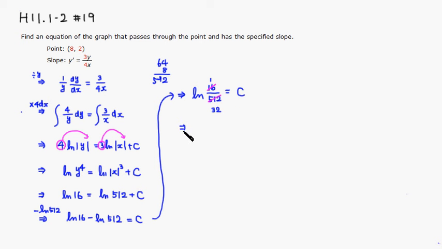So therefore c is natural log of 1 over 32.